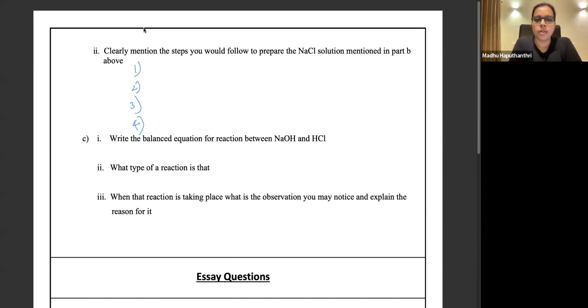Third one, dissolve the sodium chloride mass in a small amount of water. Last step, add distilled water up to the 200 centimeter cube mark and shake well.